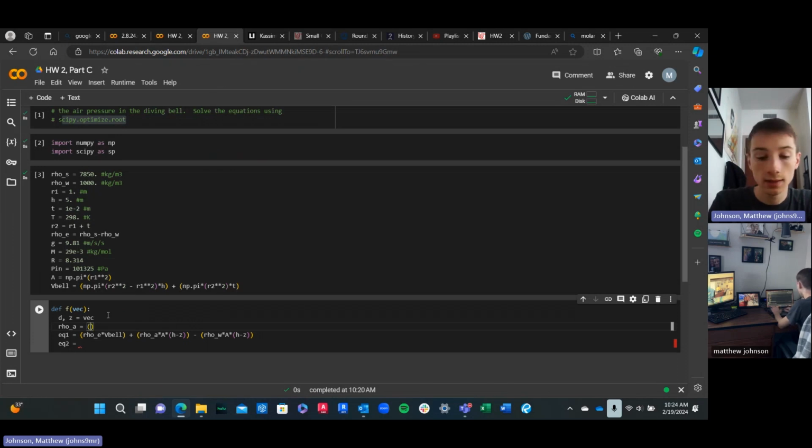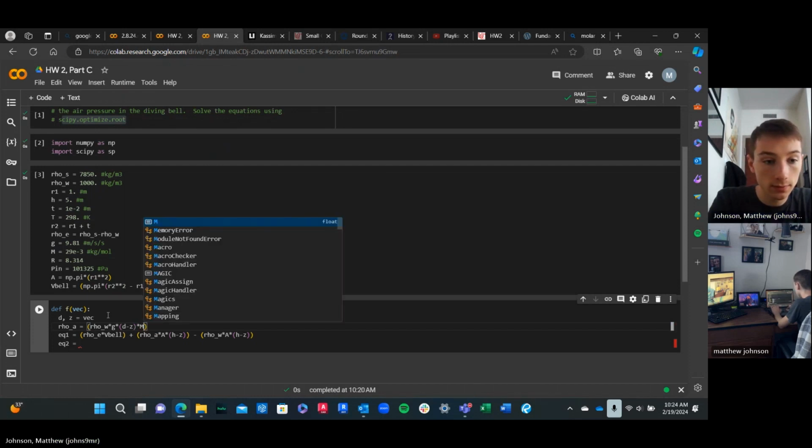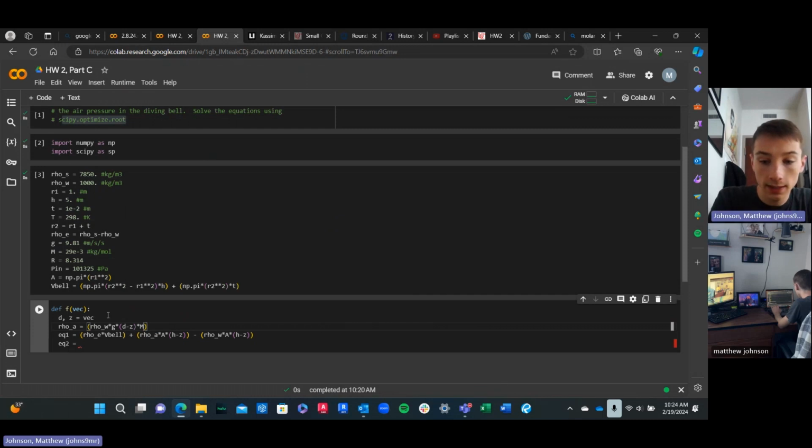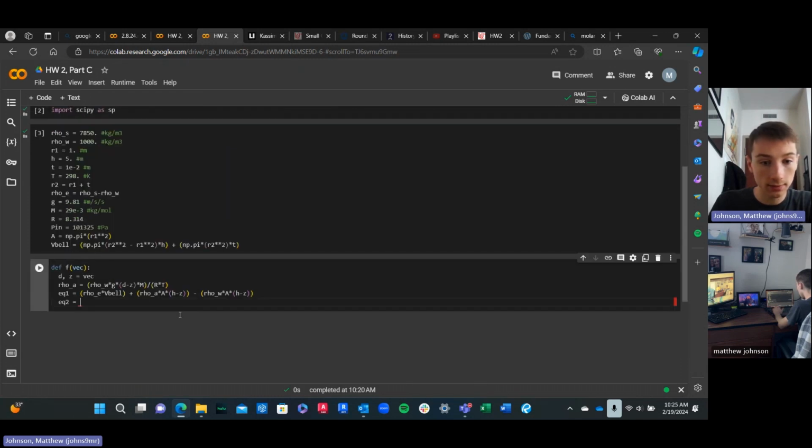So we said it was the quantity, the density of water times gravity times the quantity d minus z times molar mass of air divided by R times T. I suppose we should put that in parentheses there. Okay, so now that equation one should all work out. I don't see any little yellow squiggles. We're good.